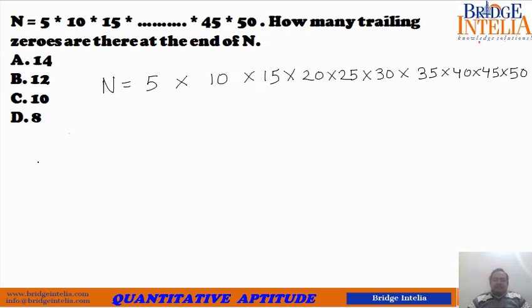So how many trailing zeros? Basically you have to see how many pairs of 2 and 5 you will be able to form. Now look carefully. How many powers of 5 are available here?